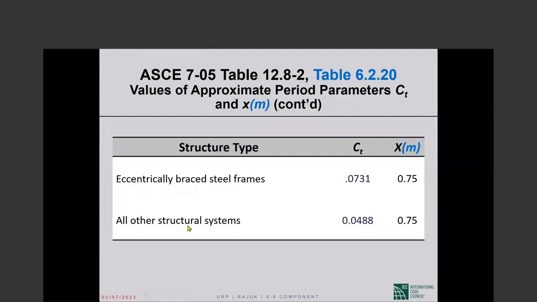And then for all other structures, concrete shear wall structures, for instance, the C sub T and X are given. Okay, so in our units it is 0.02 height raised to the power 3/4. In your units the power doesn't change, it is 3/4, but the 0.02 becomes 0.0488. So that's just the unit.